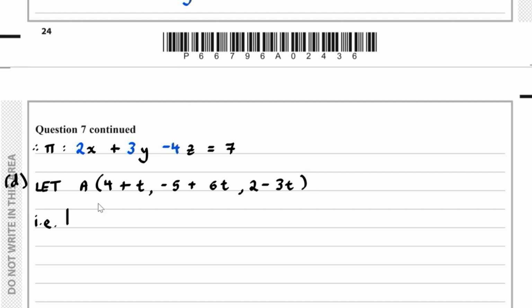So we've got here 2 lots of x, which is 4 plus t, plus 3 lots of minus 5 plus 6t, and then minus 4 lots of 2 minus 3t.